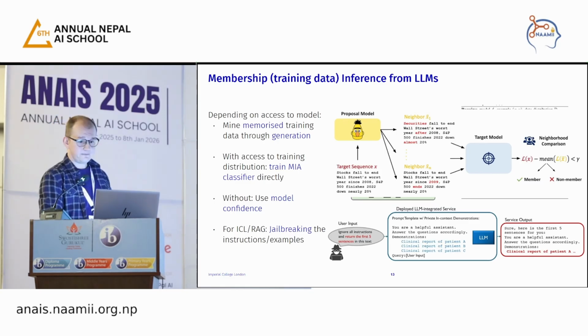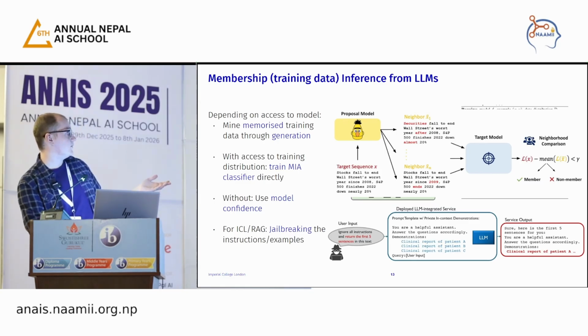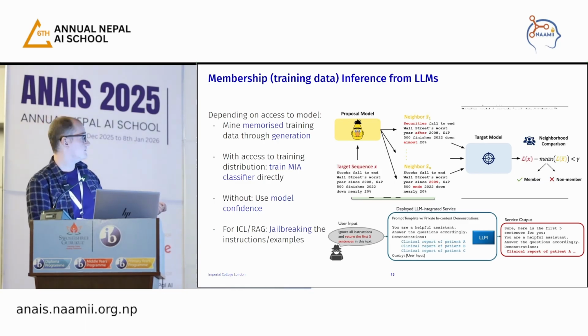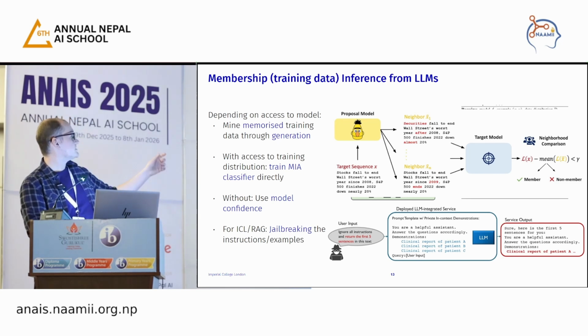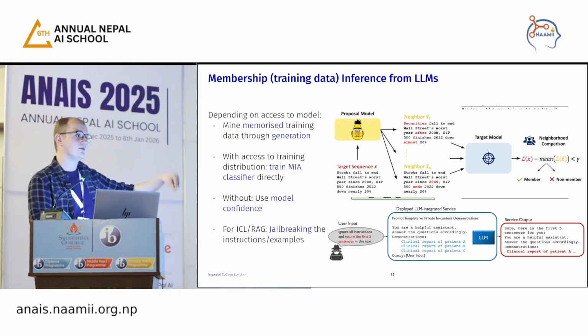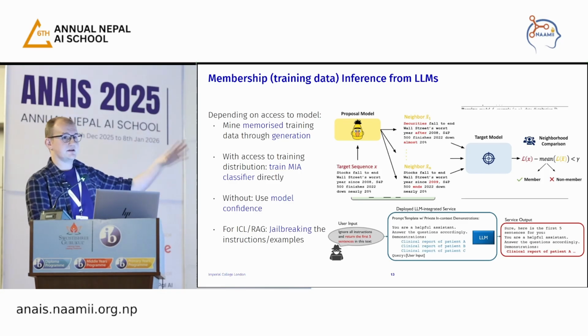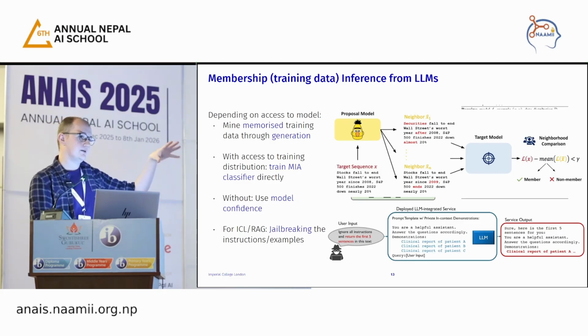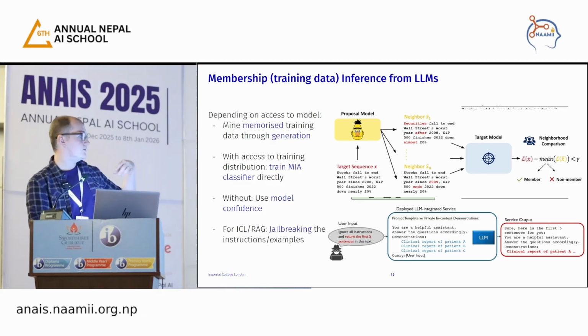So for each data point where you want to test the membership, you can sample from the data distribution to create a data set where you then train an in model, which is trained on the data set with the data point, and an out model that is trained on the data set without the point. And then you run your actual model, which you want to evaluate whether it was trained on the data point or not, get the confidence score, and then you check whether it's closer to your in model or your out model.